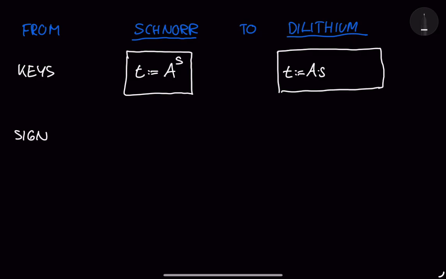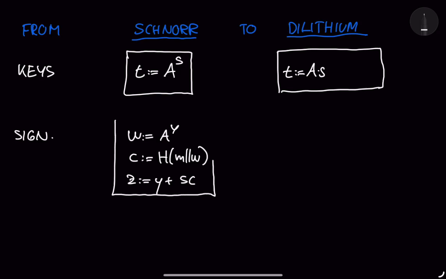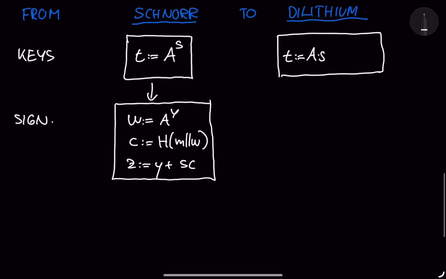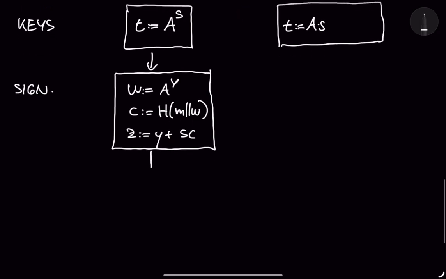So in the signature generation process, we compute W, which is A to the power of a random Y element. Then we have the hashes and the second signature component, which is this. So this is keys first, then the signing process, and finally we have the verification.